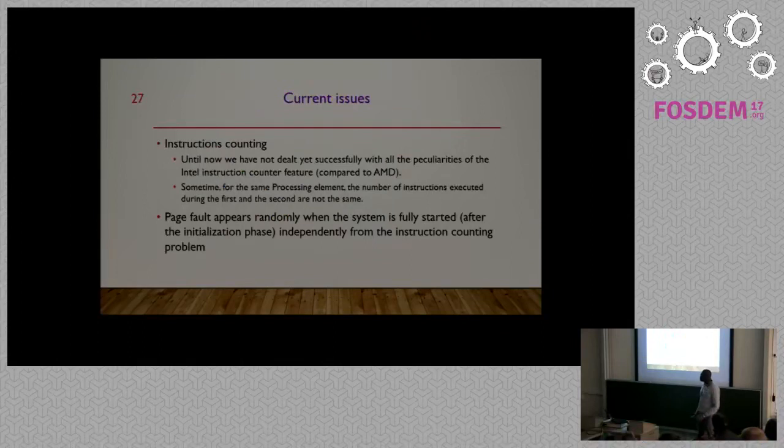For what we are doing, we see that the Intel instruction counter is not so precise, or there are some parameters that we must take into account to find the exact number of instructions. But if we use AMD instead of Intel, it is more precise. That is what we noticed, but we are working on Intel CPUs for now.